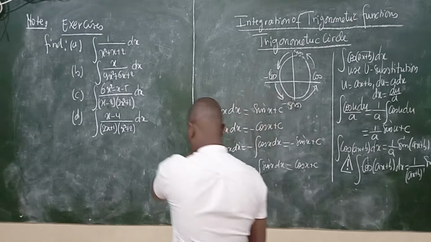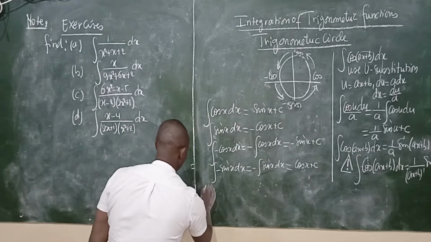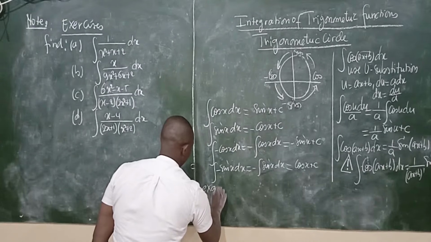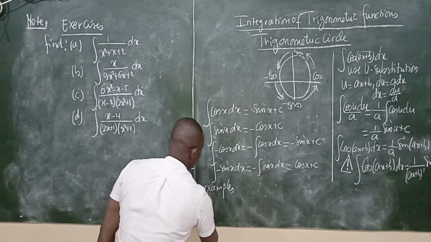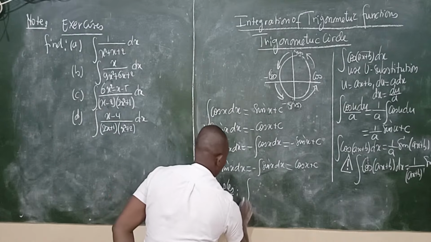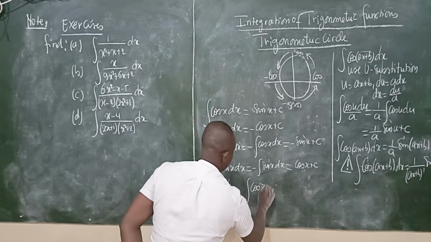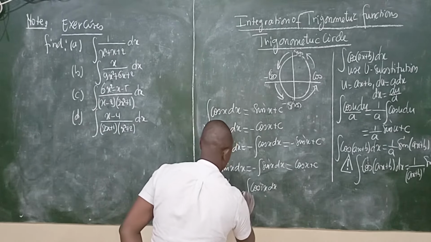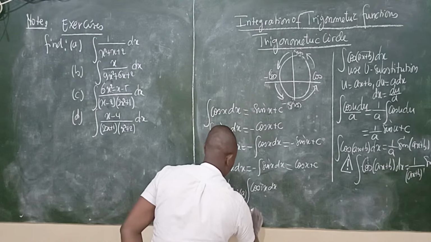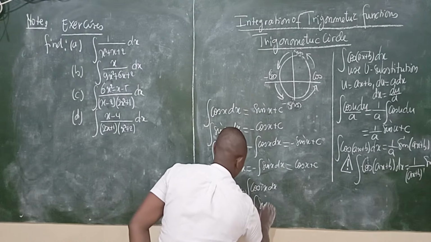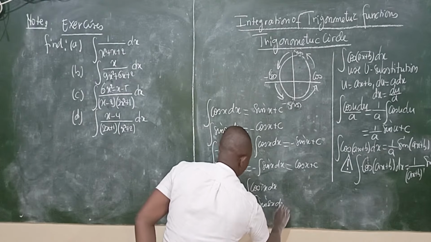Examples. Let's have the integral of cosine x dx. This is A. B, the integral of sine 2x dx.